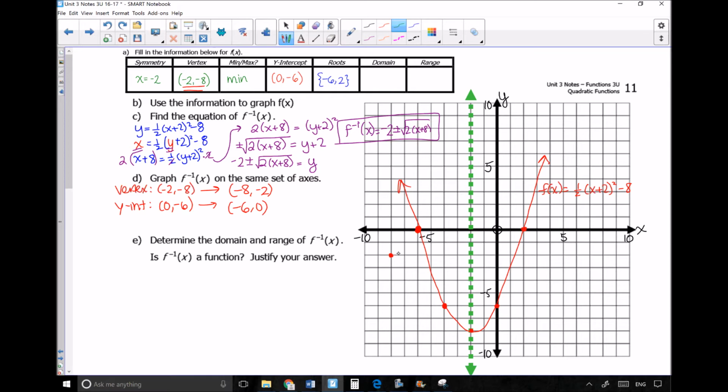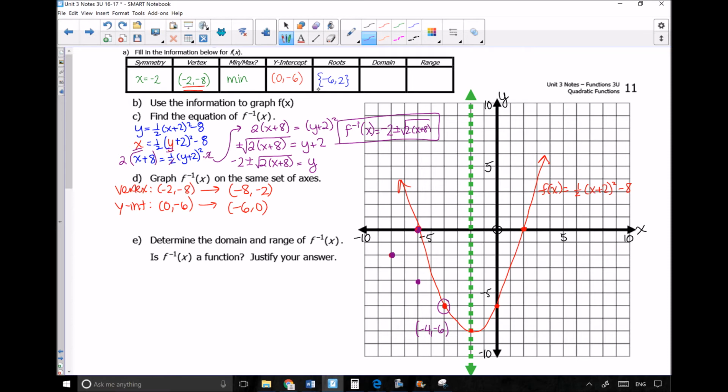So let me actually put it in a different color so we can kind of see it. So here's negative 8, negative 2. Here's negative 6, 0. We also had this point right here, which was negative 4, negative 6. So when I swap it, I'm going to have negative 6, negative 4. So here is another point that I have here.